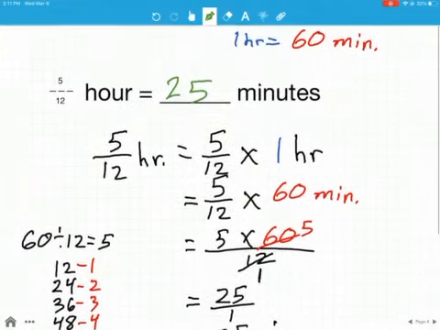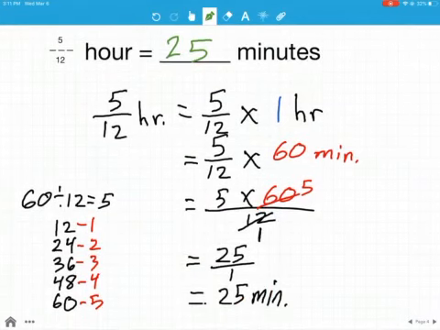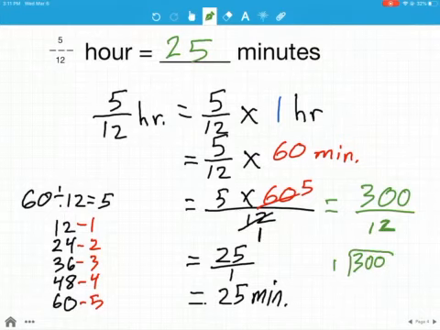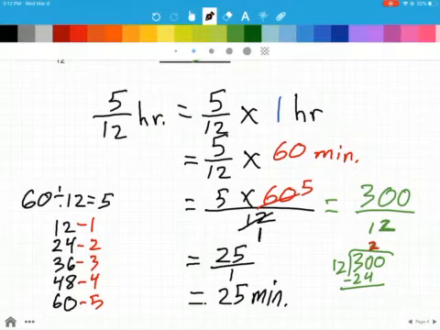All right. So here we have 25. Some of you may want to go ahead and do the 300 divided by 12. If you figure that out, fantastic. It's 300 divided by 12. 2 times, that's 24. Again, I've already created the table over here, so you can kind of see it. I did the multiples of 12, and that leaves me with 60.